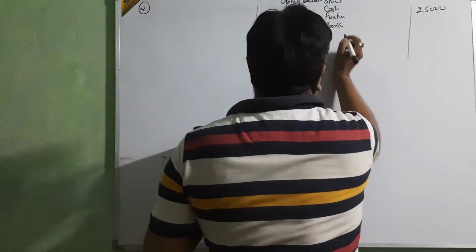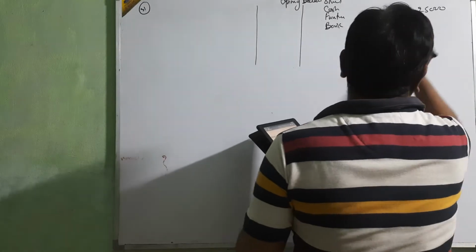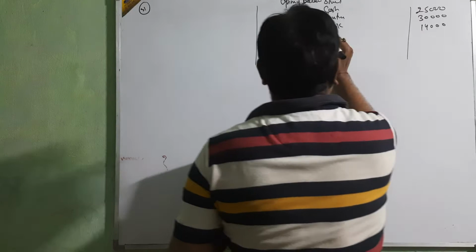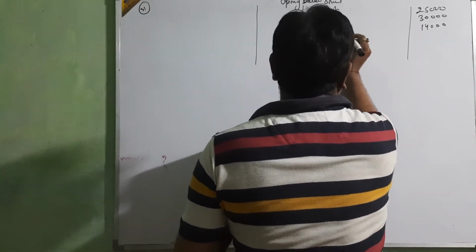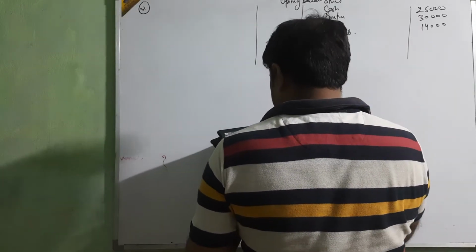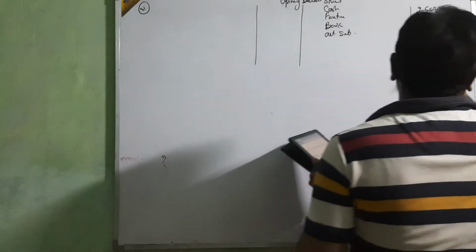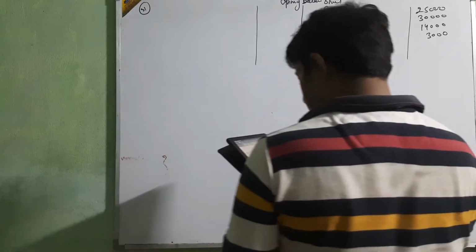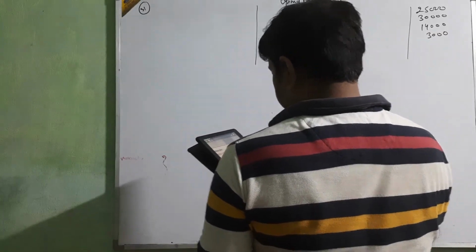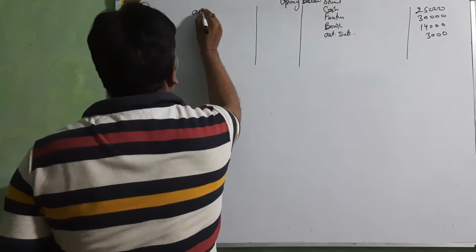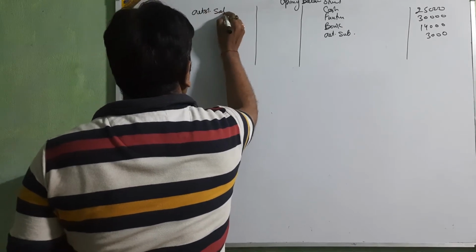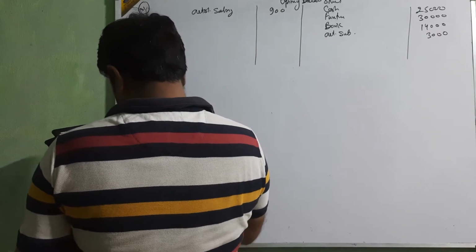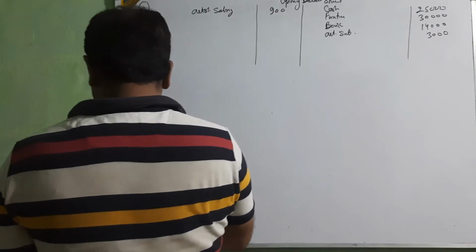The furniture amount is 30,000 beta and book is 14,000. Then outstanding subscription last year is 3,000, and outstanding salary last year 900. Nothing else.